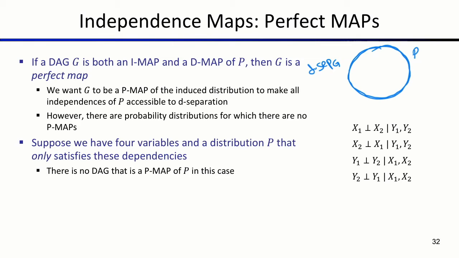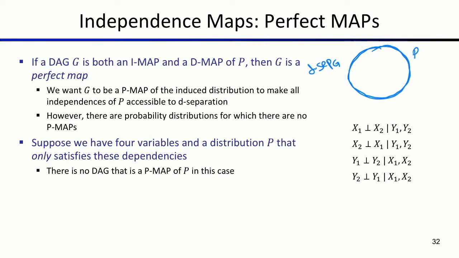When we have it, it is the perfect world, because when we say these two nodes are d-separated, it will imply that they are independent. At the same time, if two variables are independent, they will be d-separated in the graph too. So this is the perfect world.